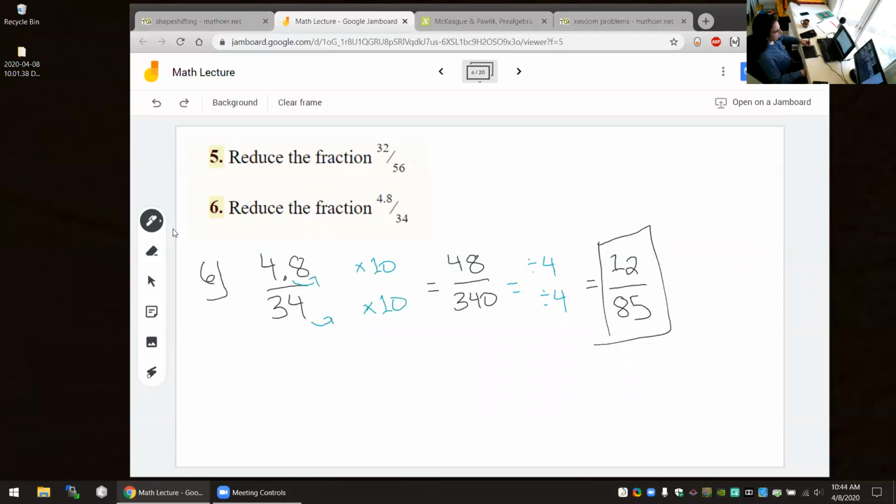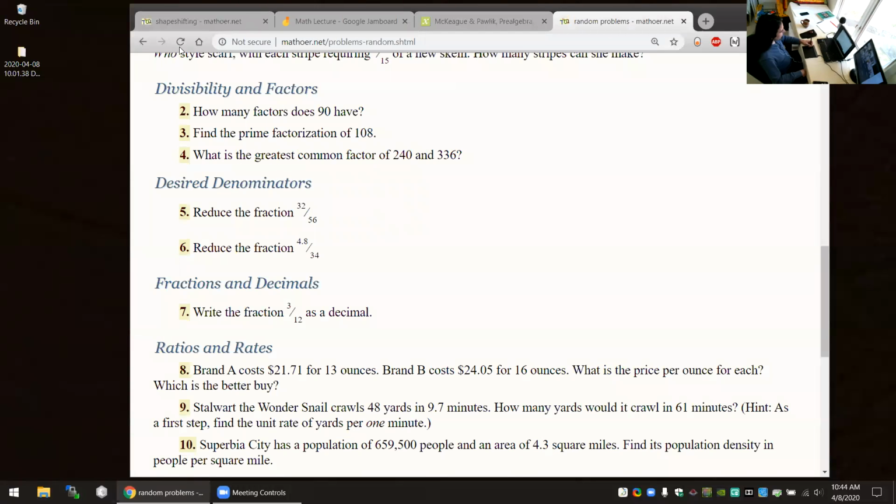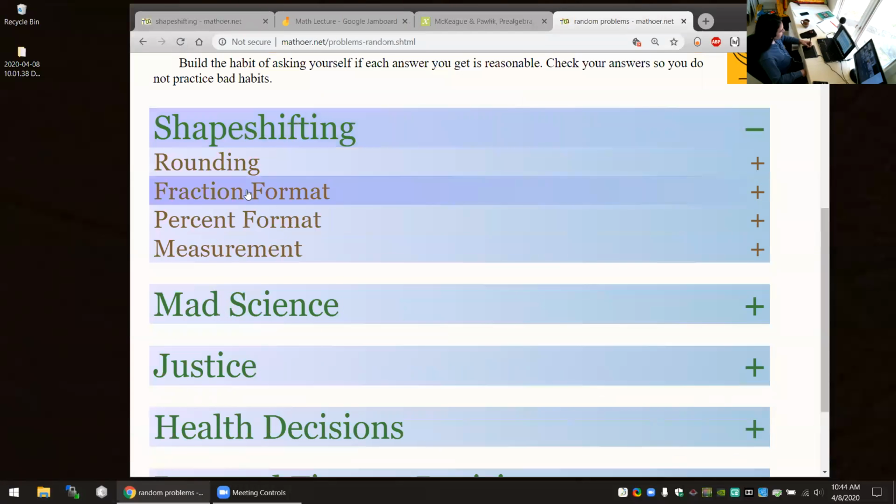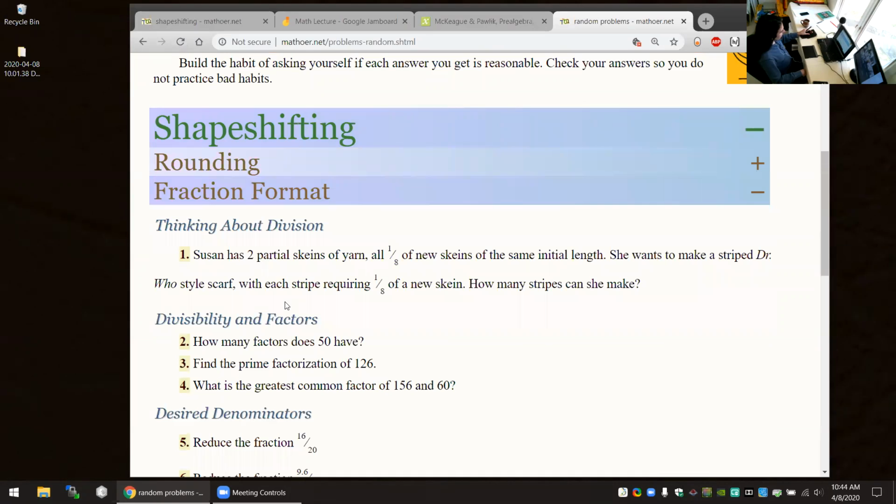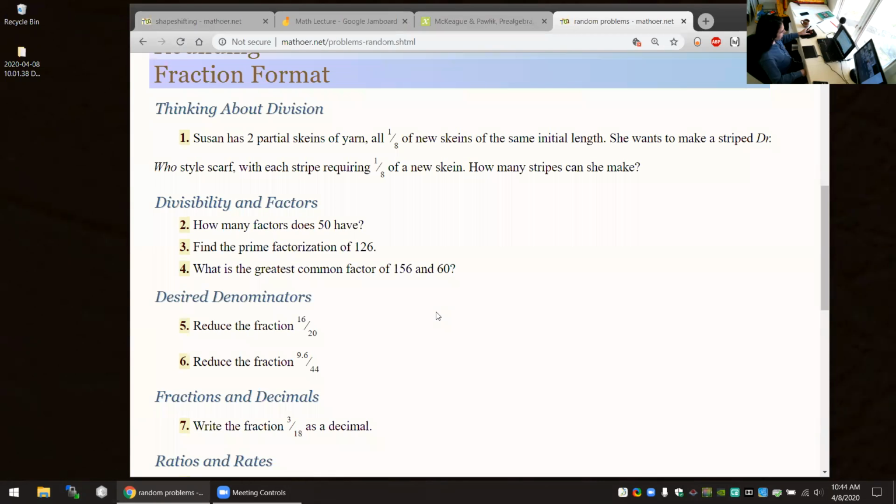Oops, I can't hear Spring. What if you had a decimal point on the bottom? We could do exactly the same thing. So let me make up a new random one, and just flip it if I need to. So 44 over 9.6.